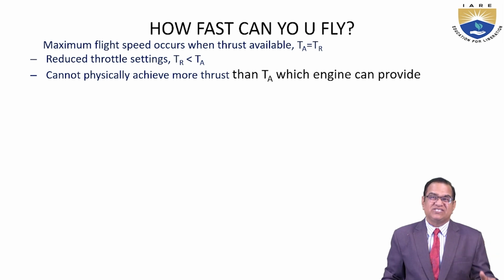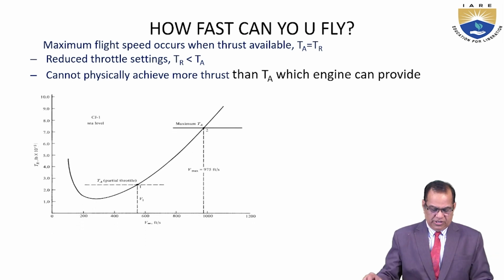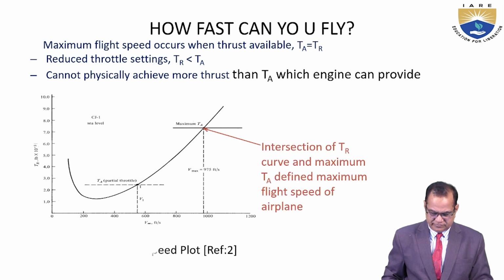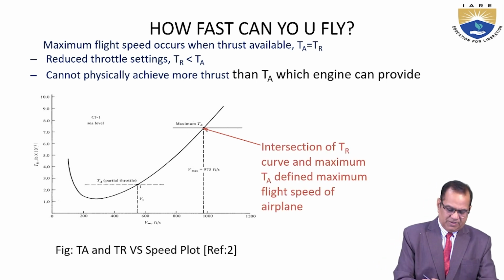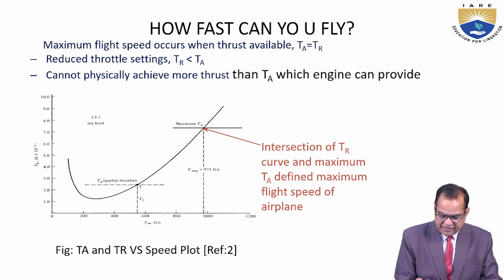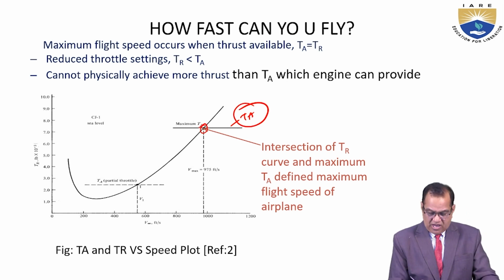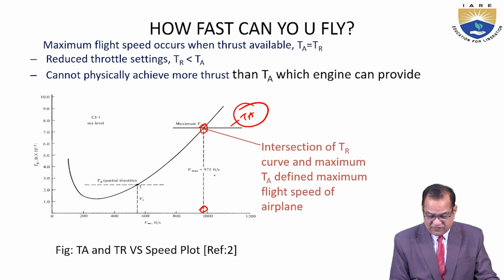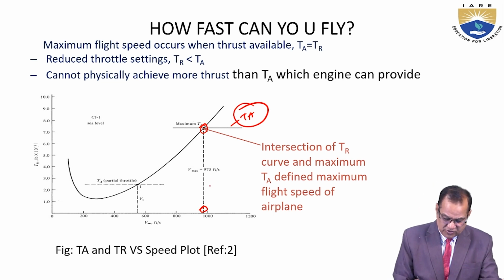So you cannot increase that. If I draw a plot of TR versus the velocity, and here is the TA, this is the point, and this is the velocity. As per this, it is nearly 975 feet per second. This aircraft can fly up to here only.